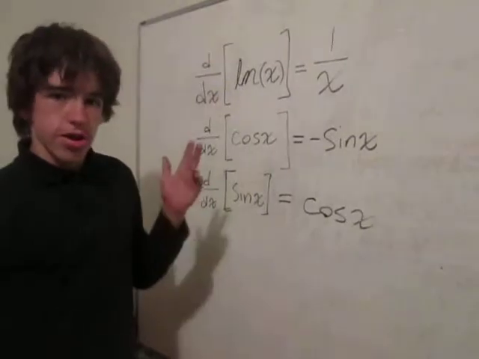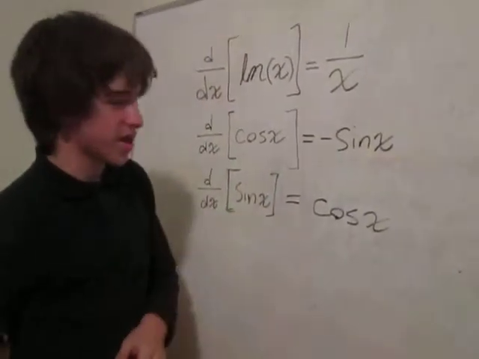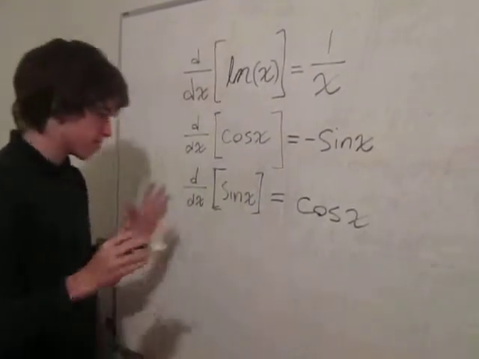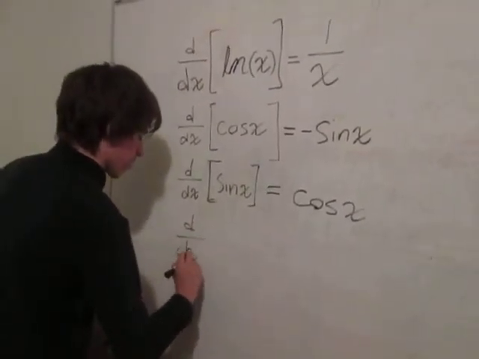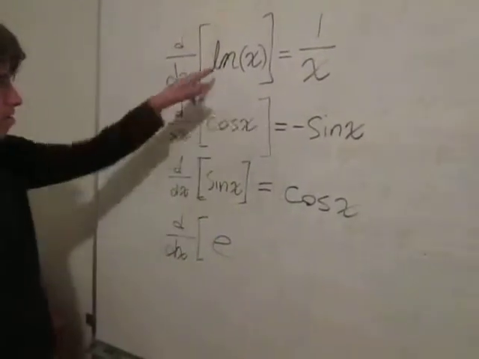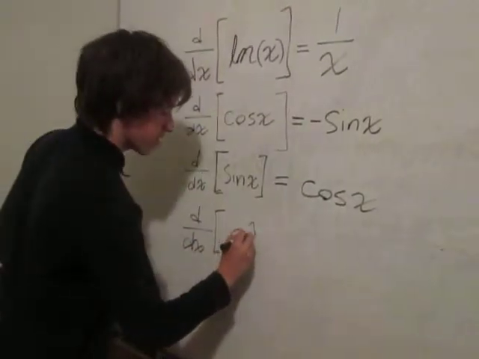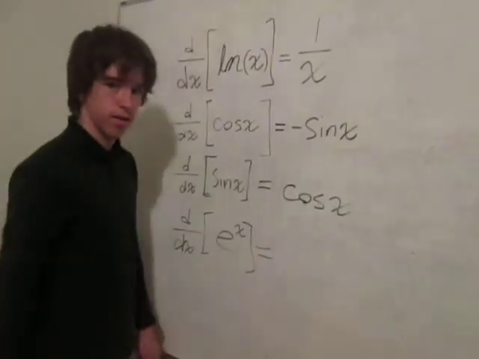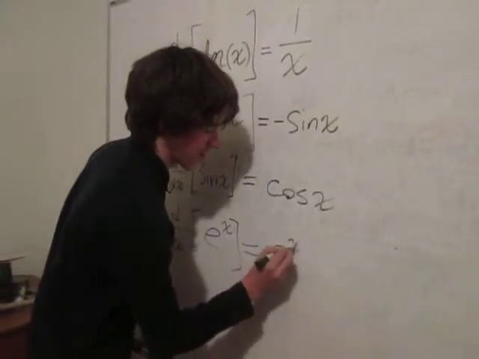Alright, so these are core, very core derivatives, and they're used a lot. Now, here's another core one, but it's a little bit specialer. The derivative with respect to x of e, the base of the natural logarithm, to the x is equal to, fantastically, e to the x.